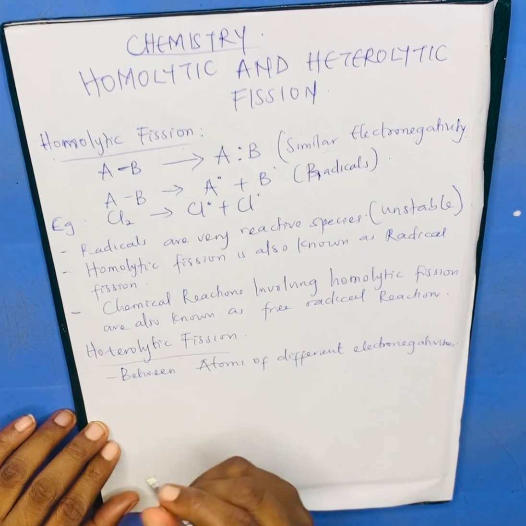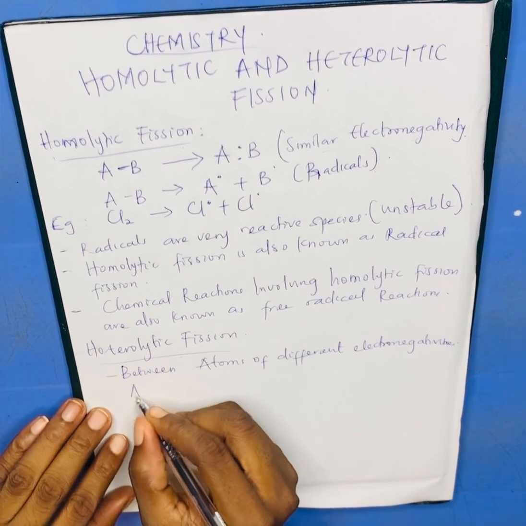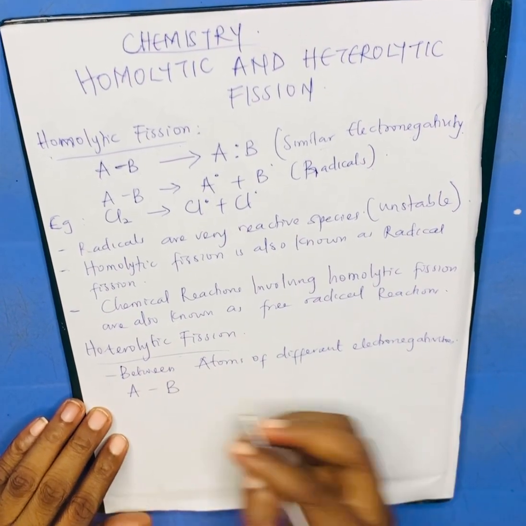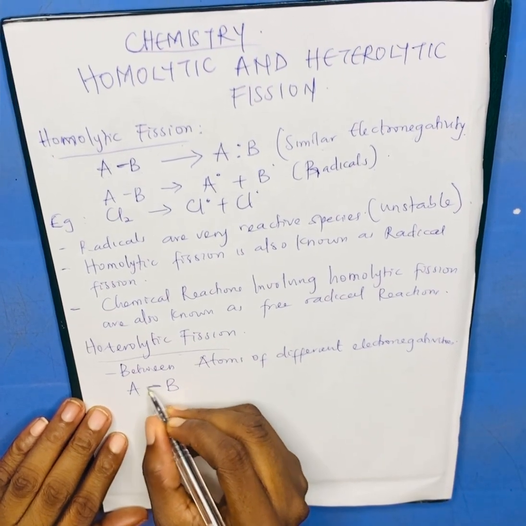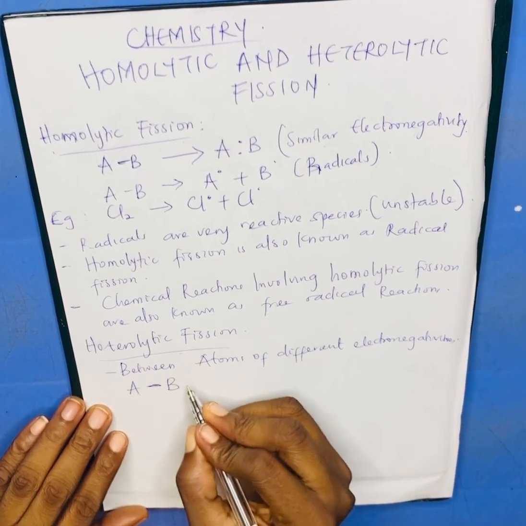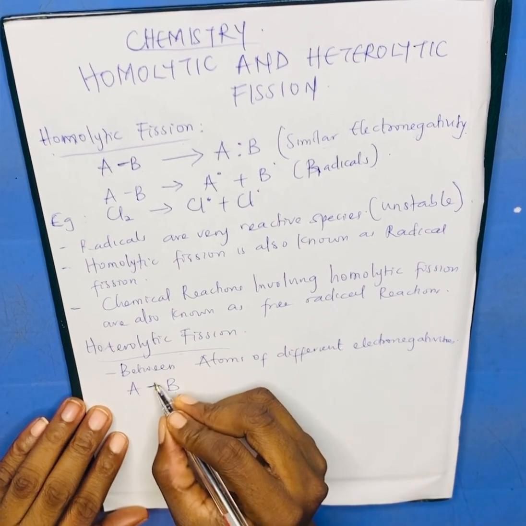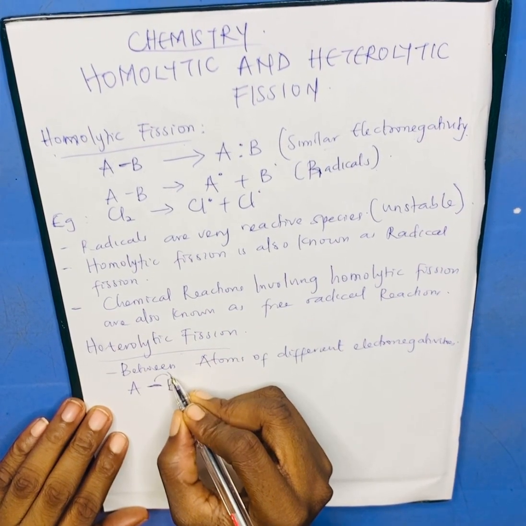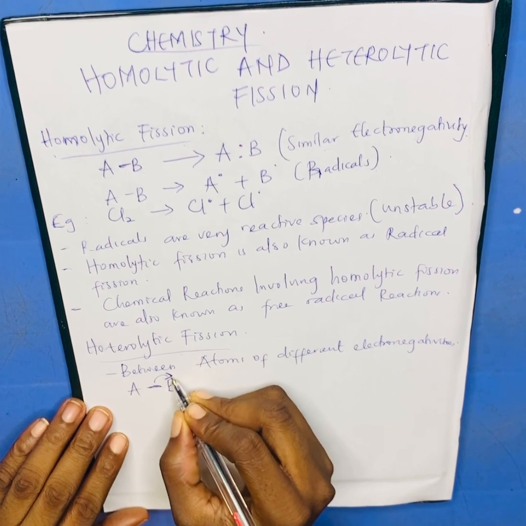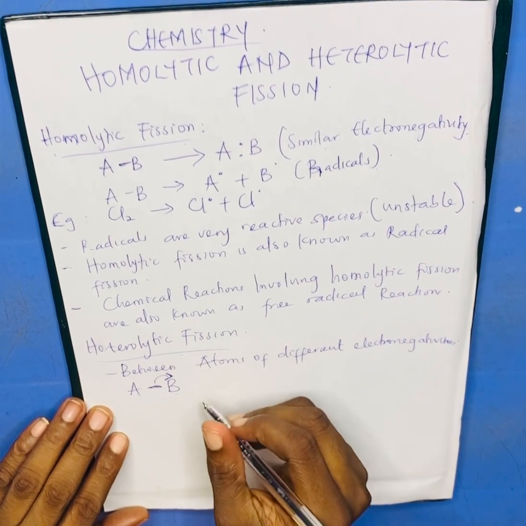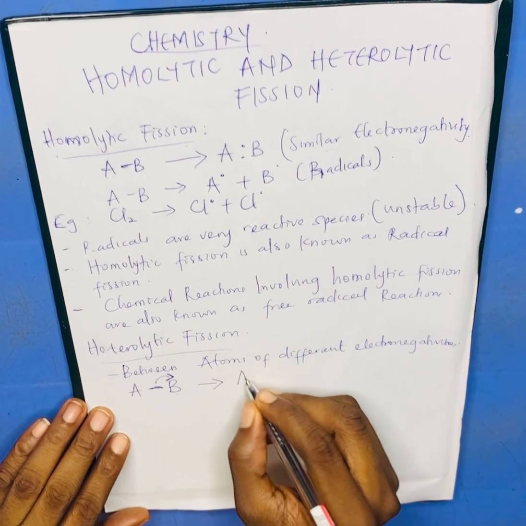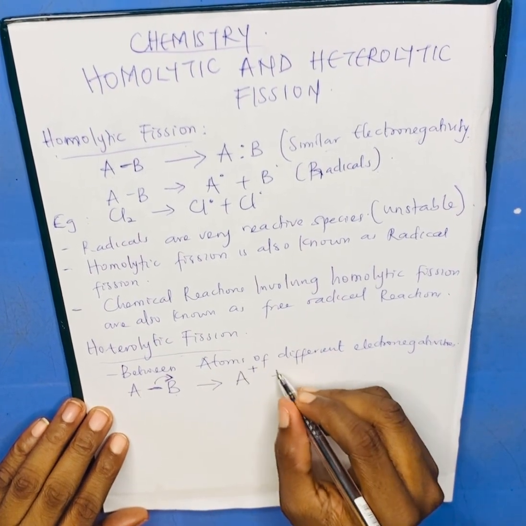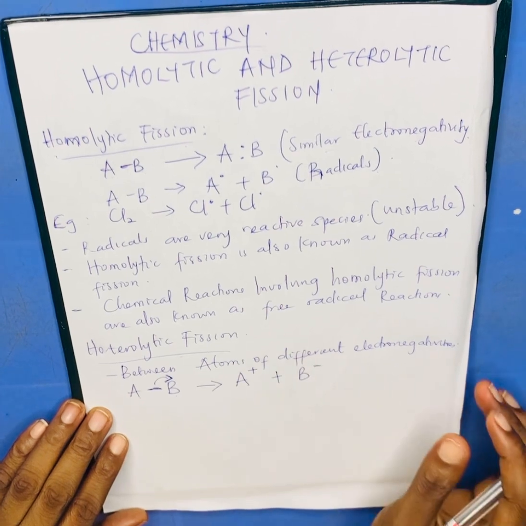So if you have an atom AB, one will be slightly more electronegative than the other. Let's say B is the most electronegative, it will draw the electrons to itself, and so we would have something like this where A becomes positively charged and B becomes negatively charged.